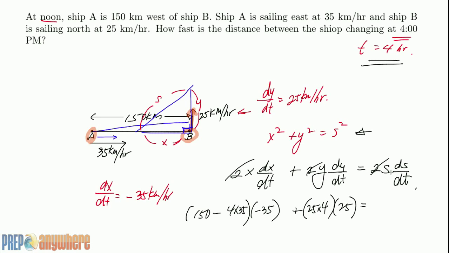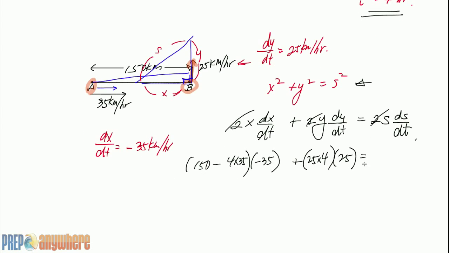Let's actually figure out what this is. That's 150 minus 140, so you get exactly 10 here. 10 times minus 35. And here we have 100.